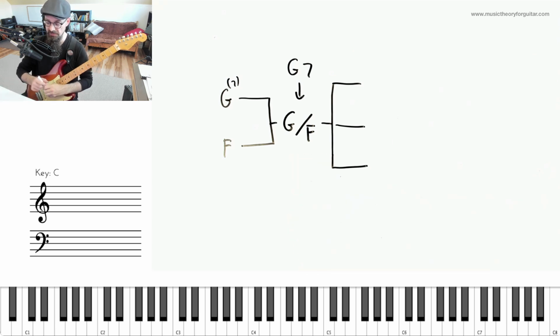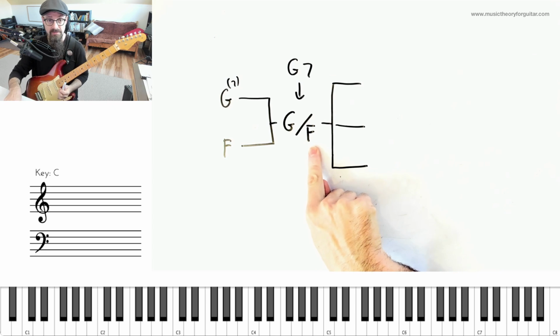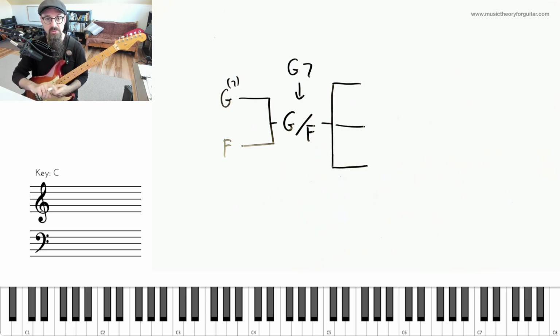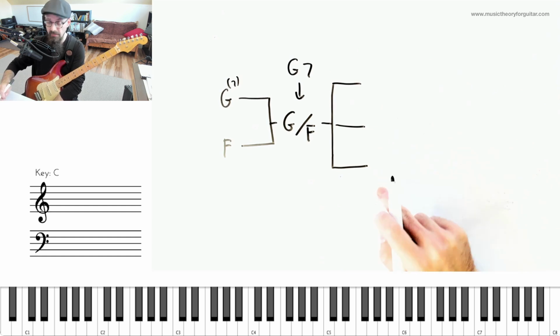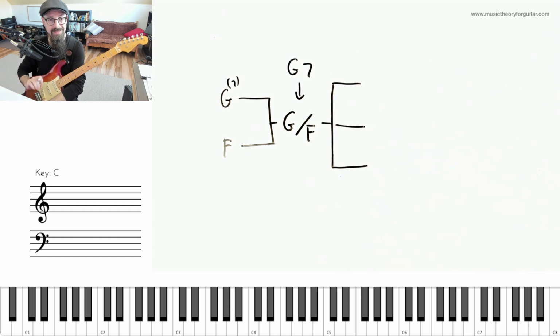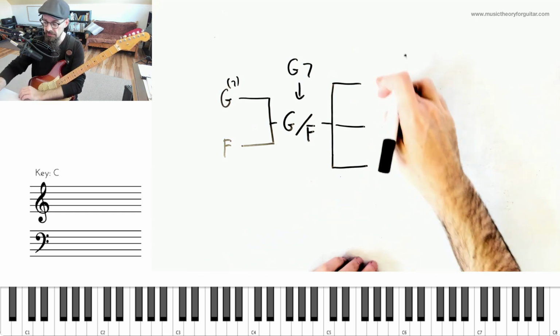Where does this chord go? Well, what's going to happen here is that the bass is always going to move down by step. So if F is here, the three chords here will always have a bass of E, all the time. And so you could have three chords here.